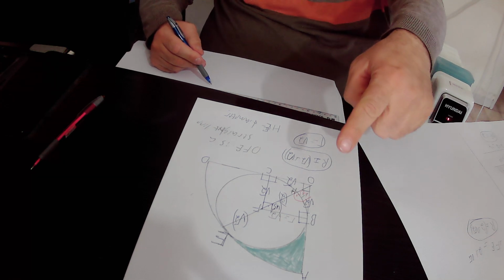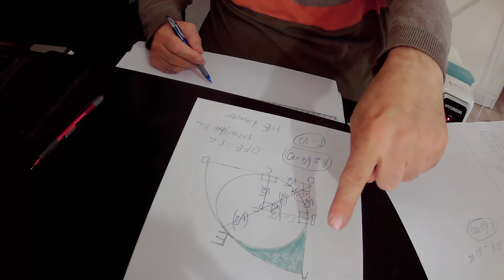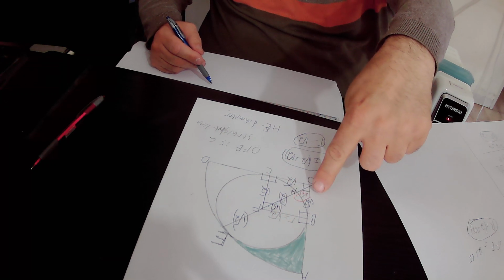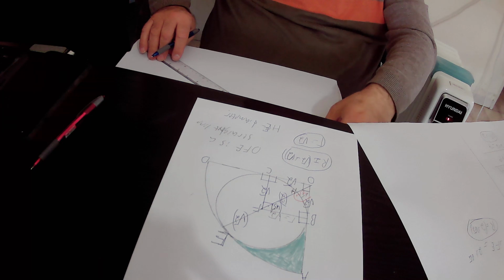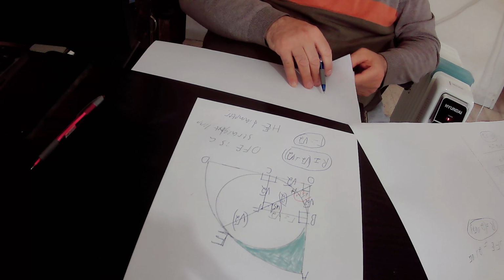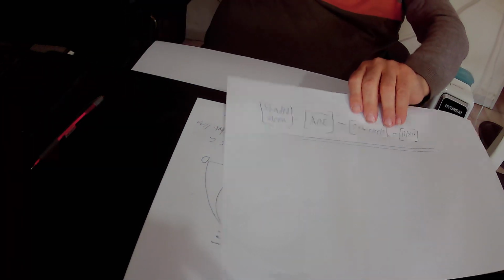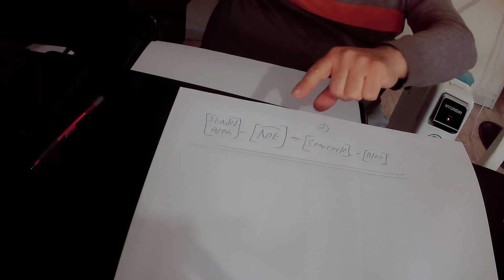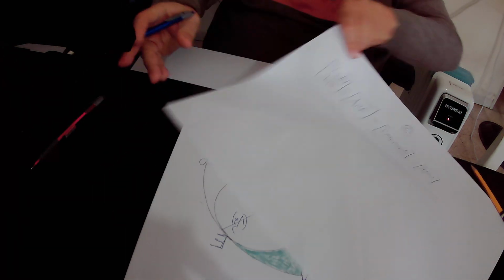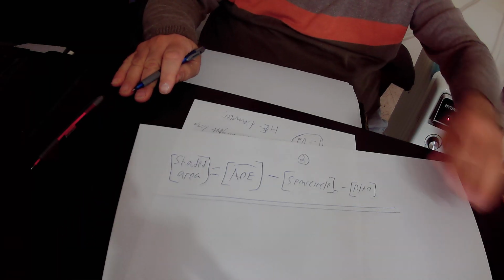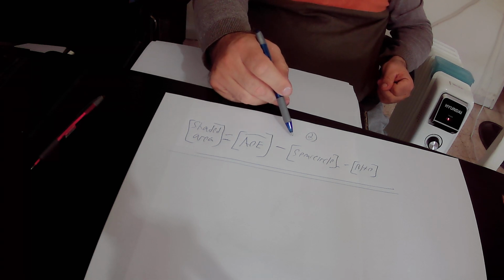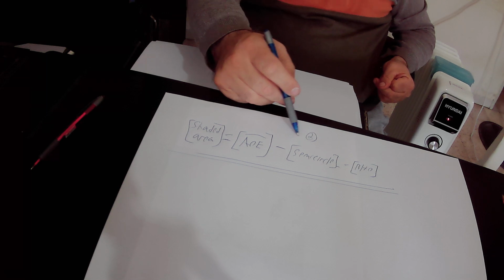From the drawing itself, it is very easy to see that the shaded area in total equals the area of sector AOE minus the area of the upper semicircle minus the area of shape BHO.